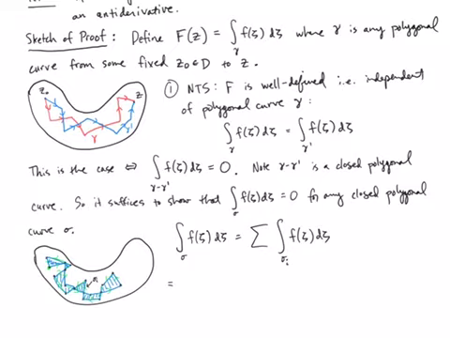So the claim is that you can turn this into a bunch of area integrals over some polygonal regions. So over some regions, we'll just call them R sub j.